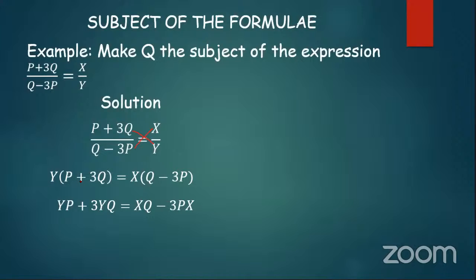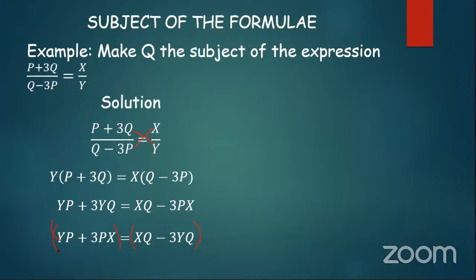And what would we do after opening brackets? We collect like terms. So the like terms, we bring the terms in P alone, and the terms in Q, in XQ.